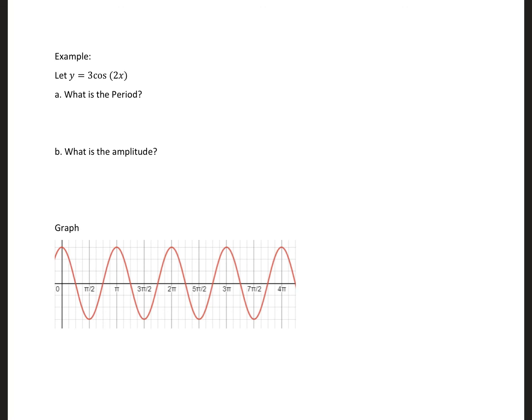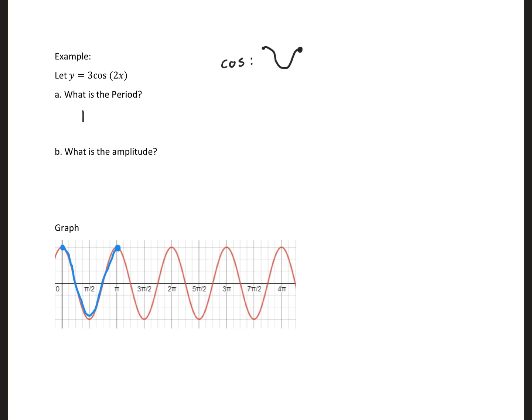All right, so let's just look at an example. Y equals 3 cosine of 2x. Well, first, I want to start by noting again, cosine in general will have this shape, beginning at the vertical axis. Notice how we have that shape. Okay, so what is the period of this graph?